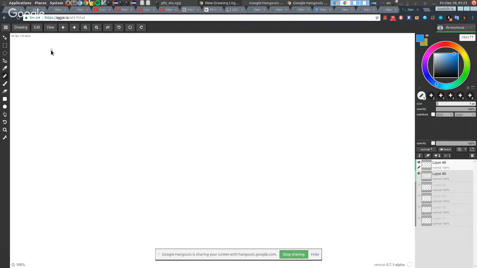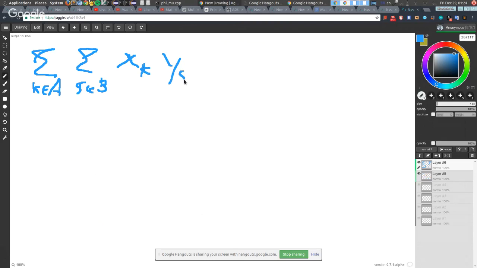So this summation is defined for k that belongs to some set A, and s belongs to some other set B, with terms x_k times y_s.